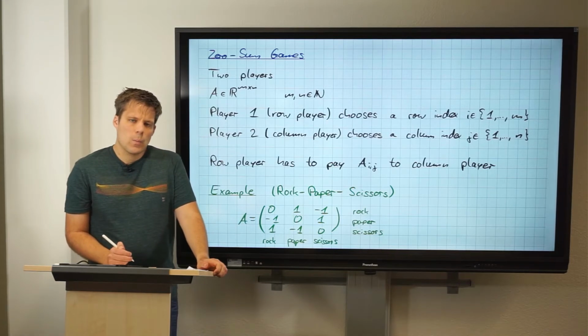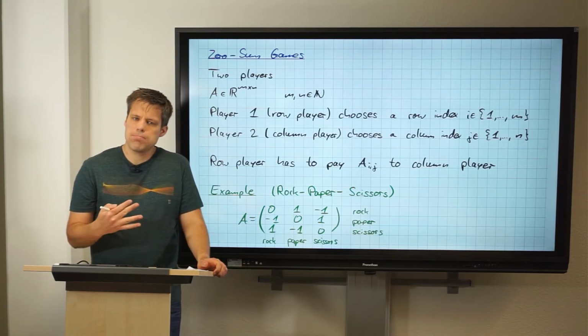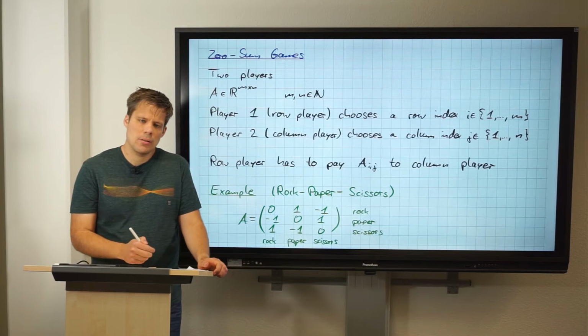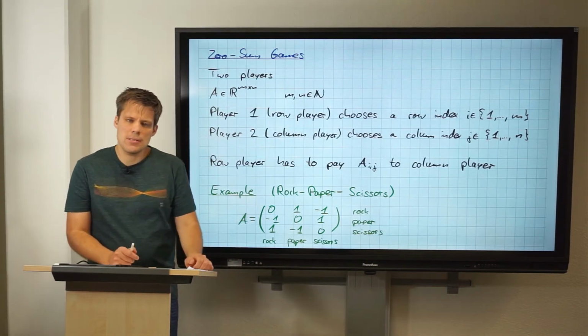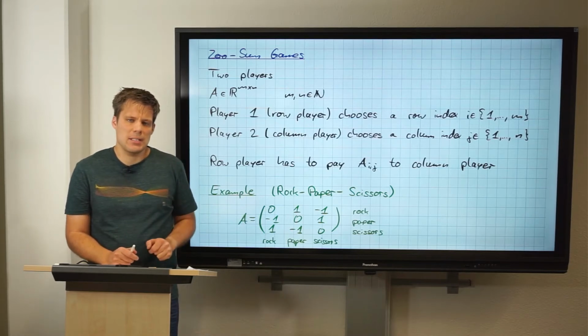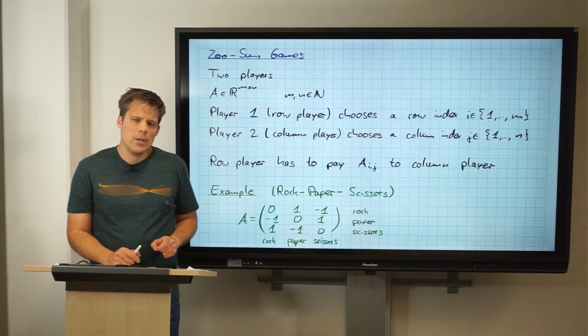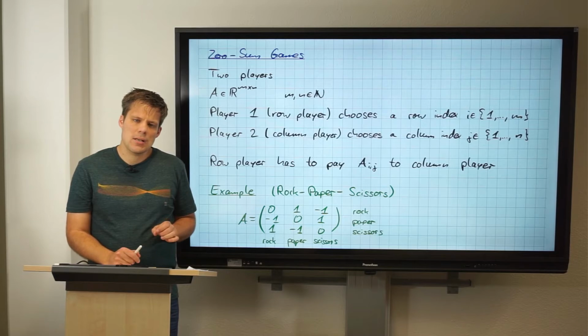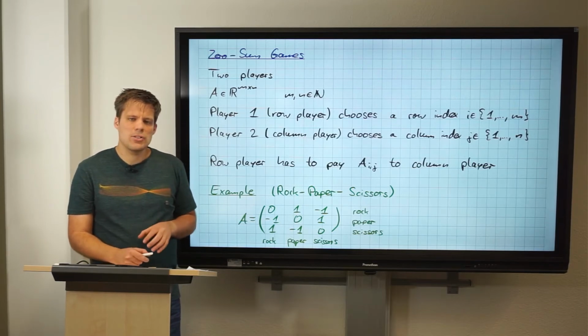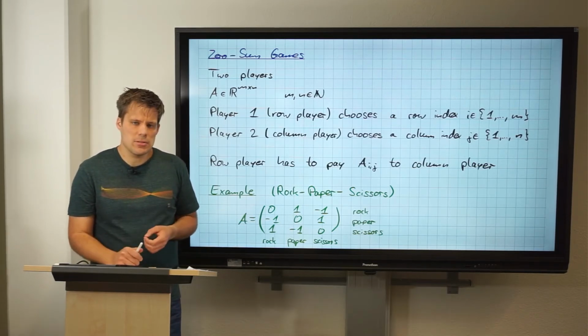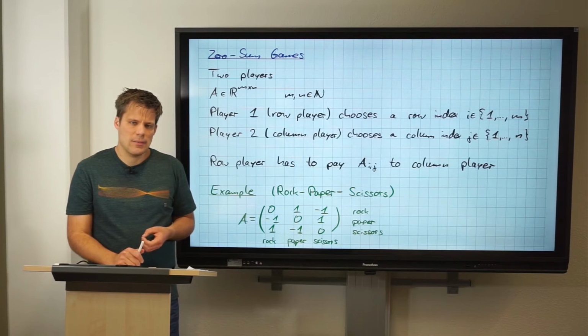Now, how do we play this game? Well, usually you would know, how do you play rock, paper, and scissors? Well, both players play simultaneously. Now, what we'll be doing is both players may choose not just one row or one column, but a probability distribution over these strategies.